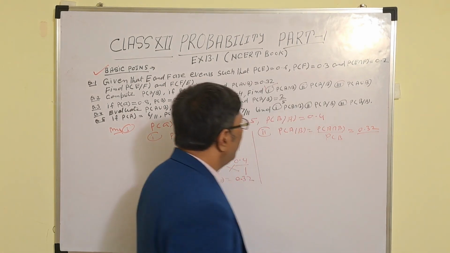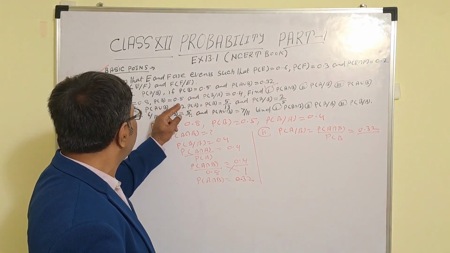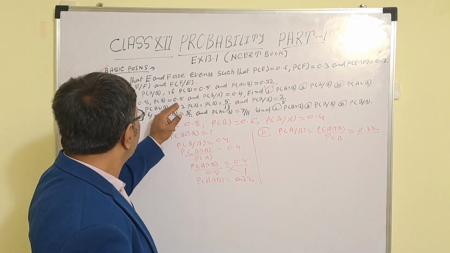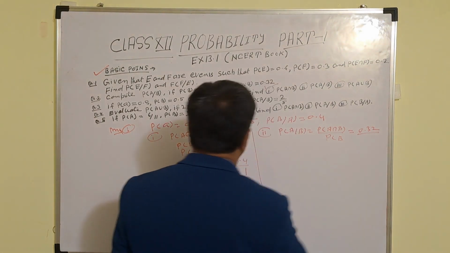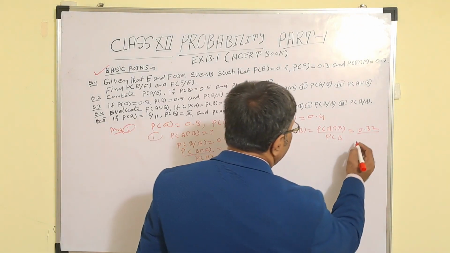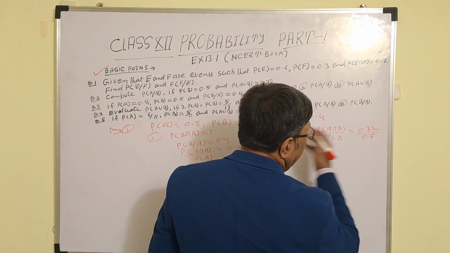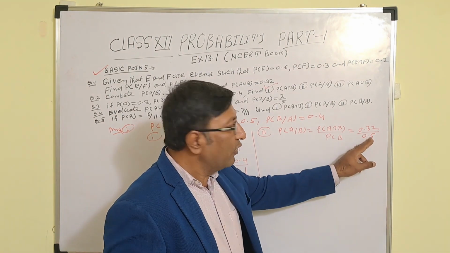So this is 0.32. Now probability of B, which is given as 0.5, so we will use 0.5. Again you see, after the decimal there are 2 digits here and only 1 digit there.